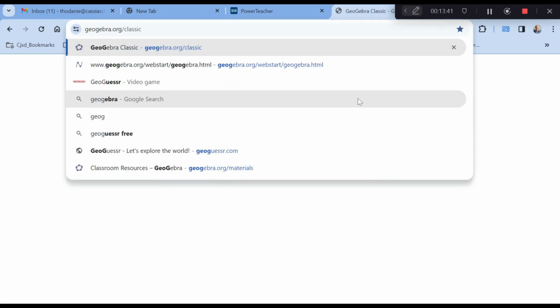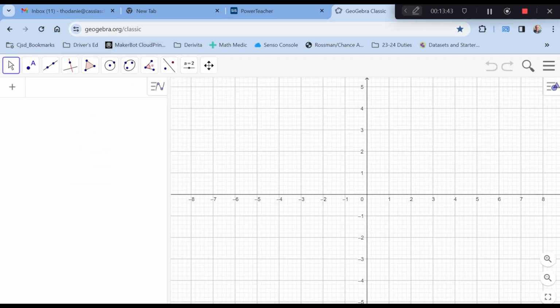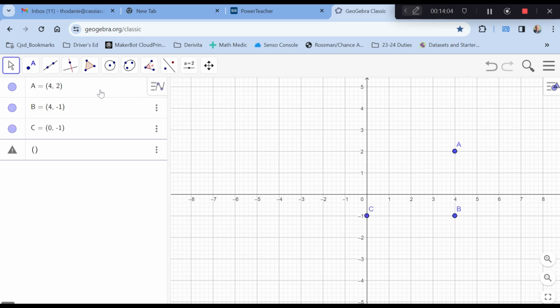So if you go to Geogebra, I like the classic view of Geogebra, but you just place your points in as well. This is really helpful if you get an assignment that you have to do. So you're working at home, you know, needing to get your assignment done. If you learn how to use Geogebra, it'll help you.